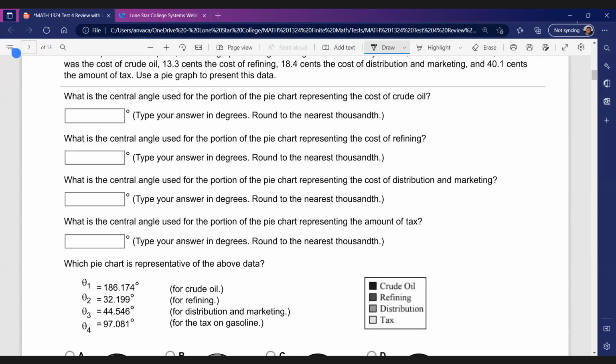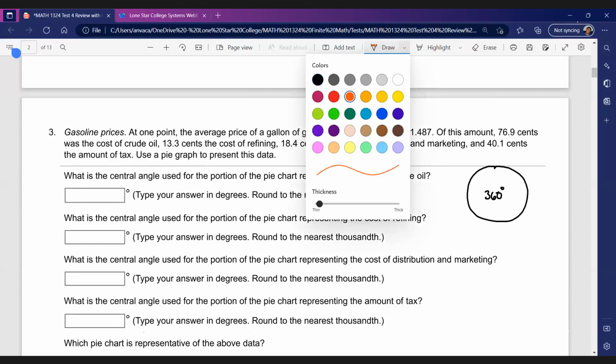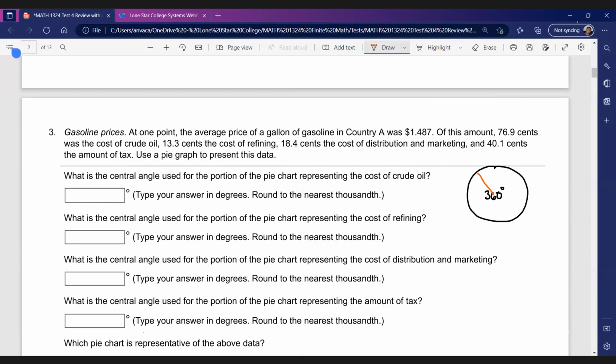All right, so it says type your answer. What is the central angle used for the portion of the pie representing the cost of crude oil? When we have a pie chart, we must understand that the angle measurement of the entire circle is 360 degrees. But we have some sections.